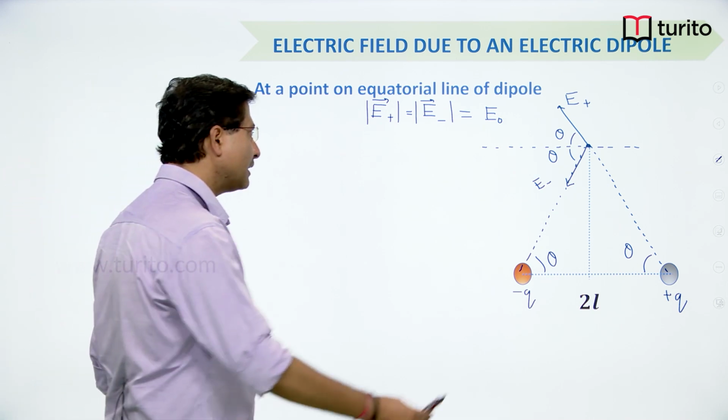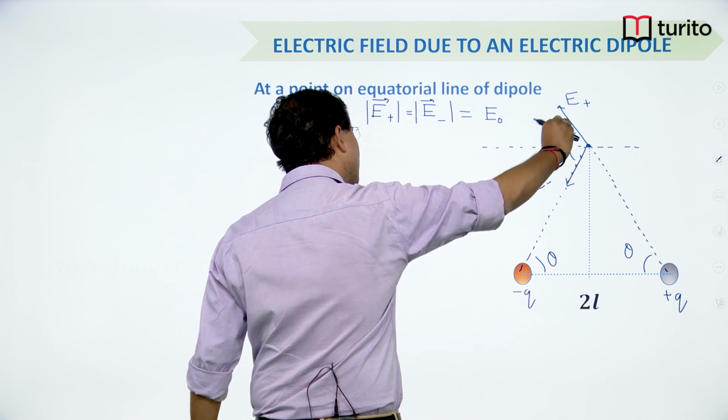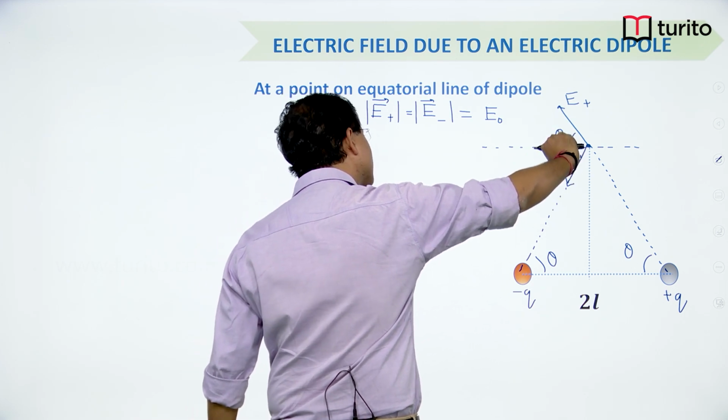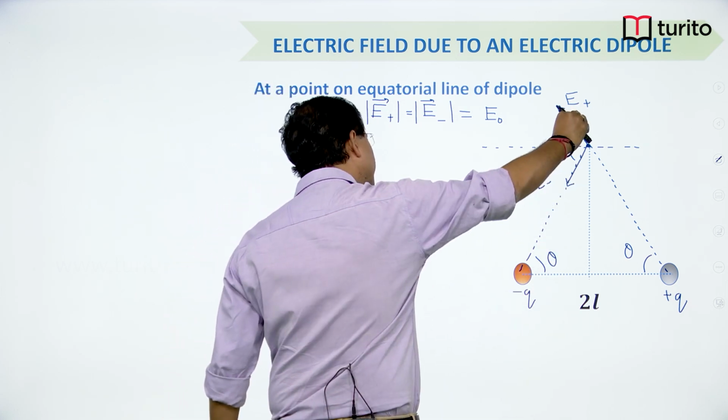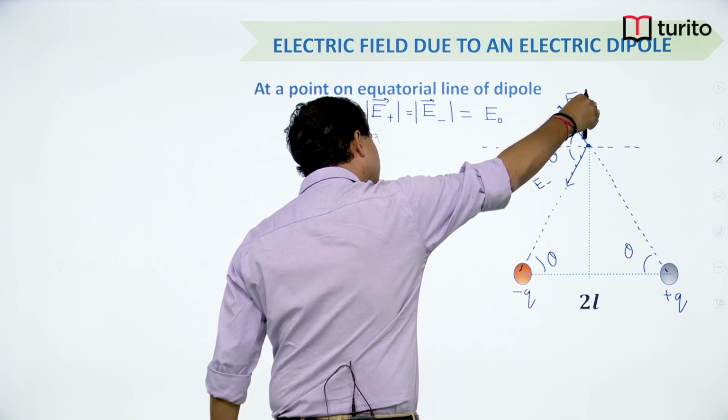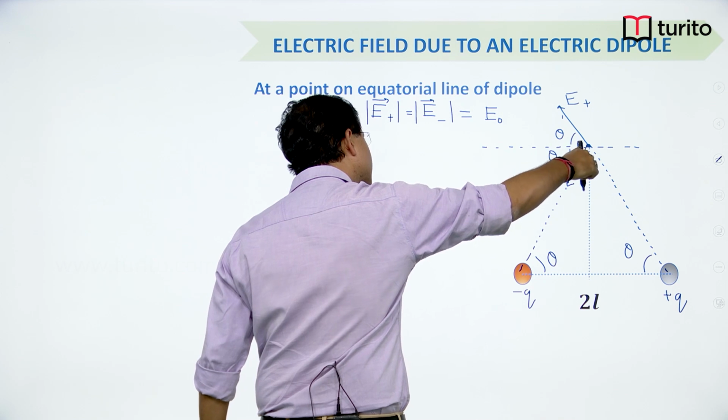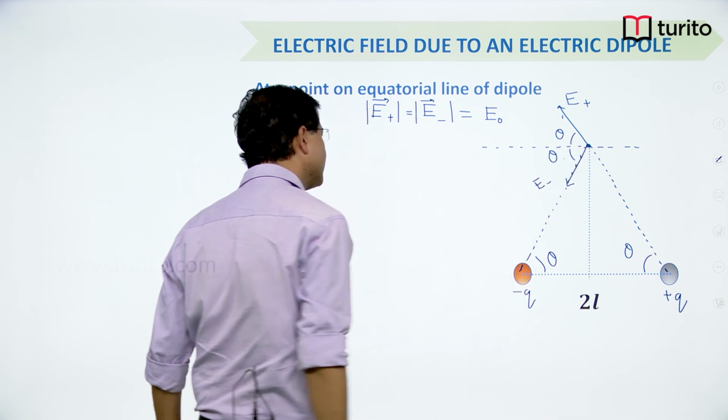So you can see that E plus cos theta and E minus cos theta will get added, and E plus sin theta and E minus sin theta will get cancelled out.